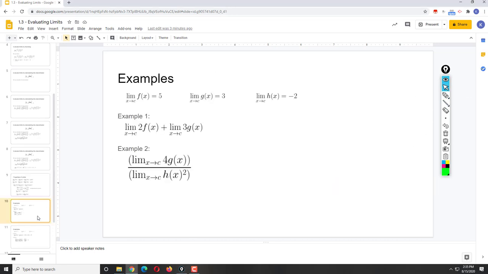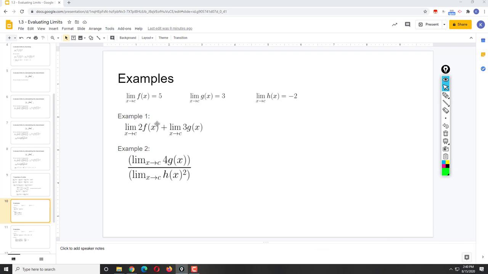Examples. Let's say that as x approaches c, the limit of f of x is 5, g of x is 3, and h of x is negative 2. We can evaluate some limits here. Example 1, the limit as x approaches c, 2f of x plus the limit as x approaches c, 3g of x.